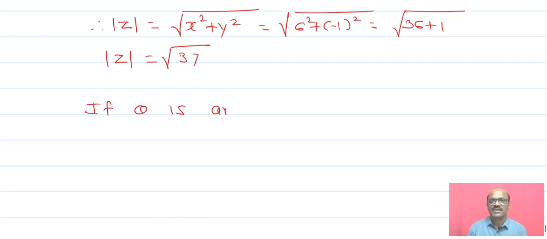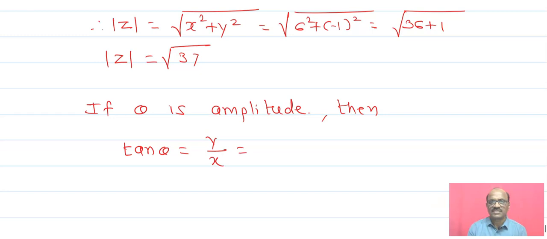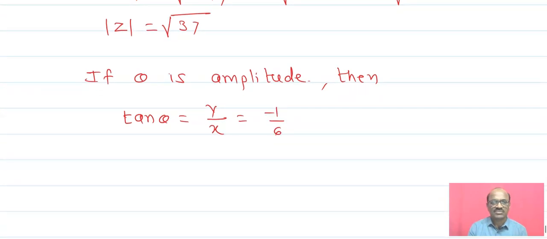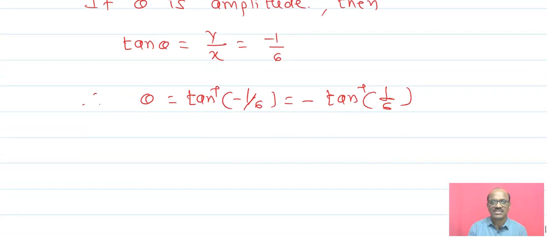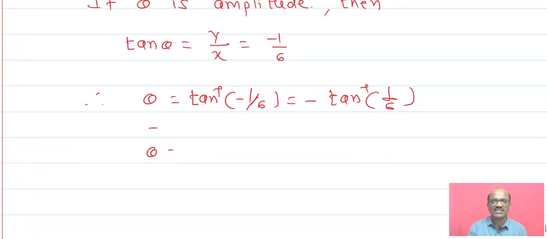If theta is the amplitude, then tan theta is equal to y upon x, that is equal to minus 1 upon 6. Theta is equal to tan inverse of minus 1 by 6, that is minus tan inverse of 1 upon 6, since tan inverse of minus theta is minus tan inverse of theta.